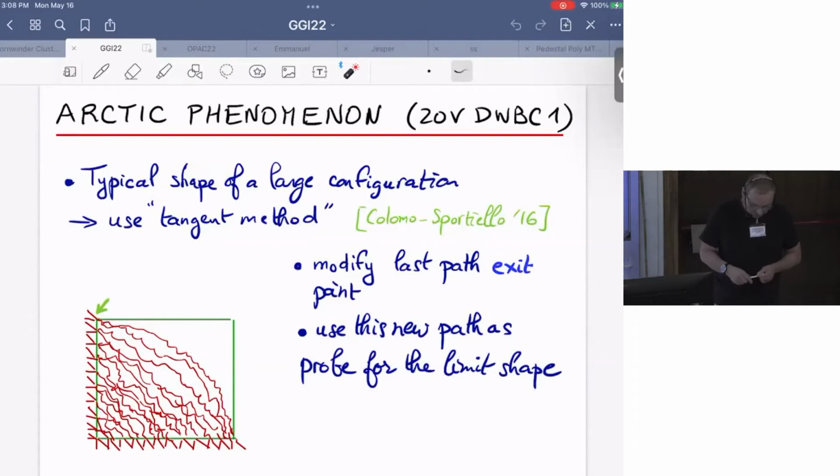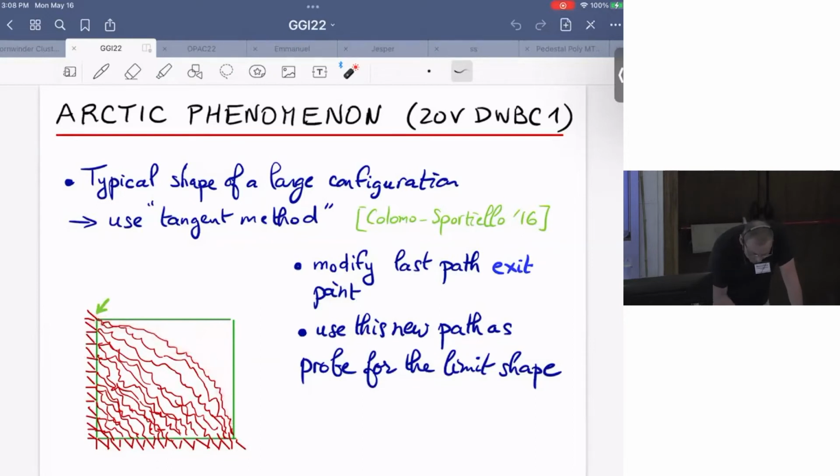So now I'm going to use the tangent method, which was invented by Filippo and Andreas Portiello, who was here last week, around 2016, pre-pandemic. And which goes as follows. So you have a soup of paths, right, which are attached at their ends here and here. And clearly, the boundary of an empty frozen domain is going to be given by the outermost path.